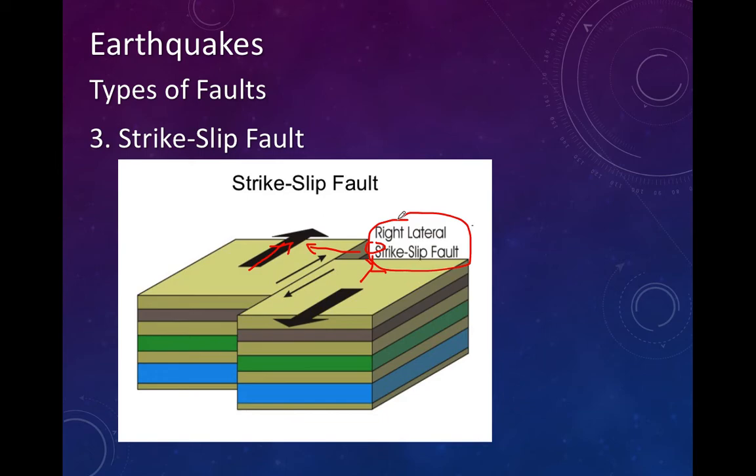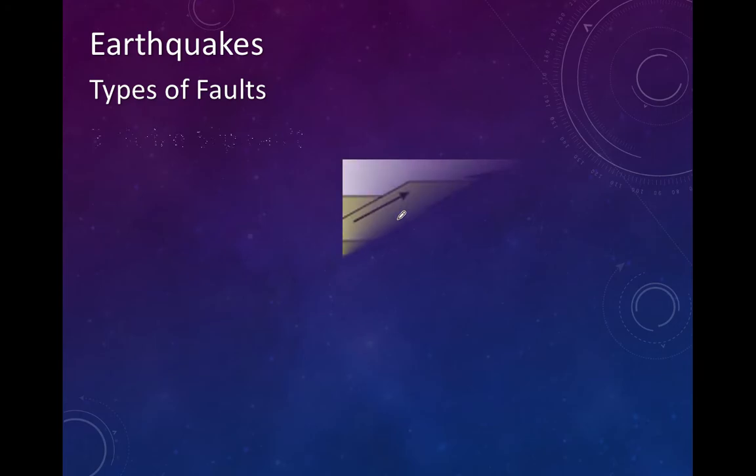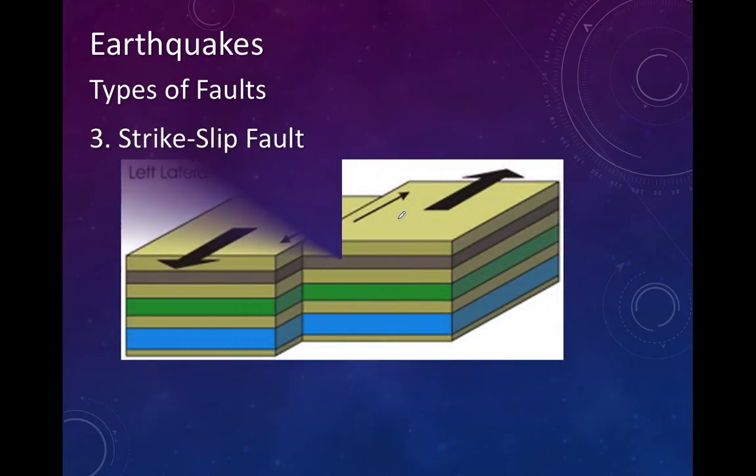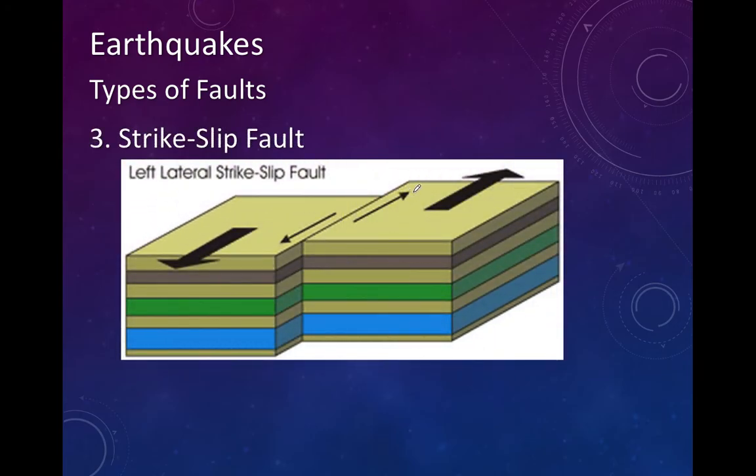So let's take a look at it. And again, what you have to do with these is kind of imagine yourself, kind of put yourself in the picture. So if you were standing on this side, some of you are really going to enjoy my artwork here, and you're looking this direction over to this side, you see that it's moving towards your left.